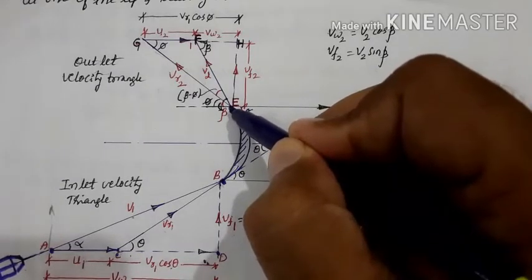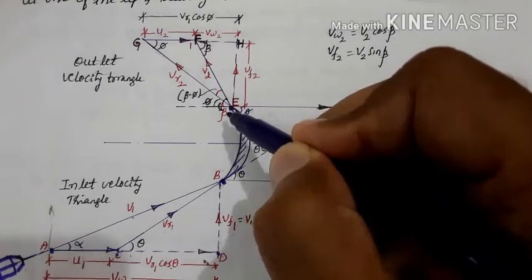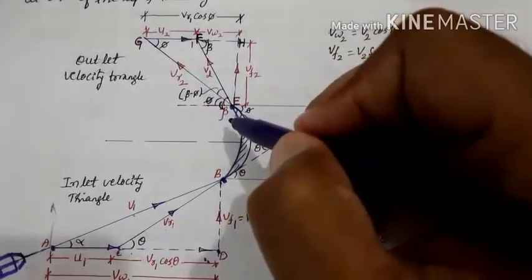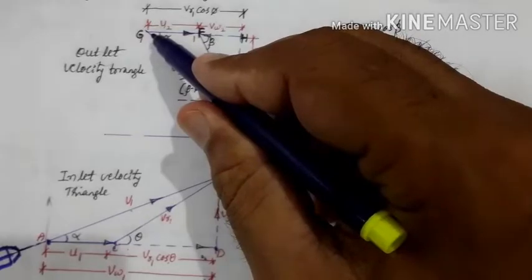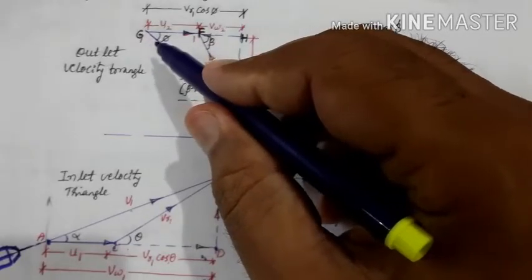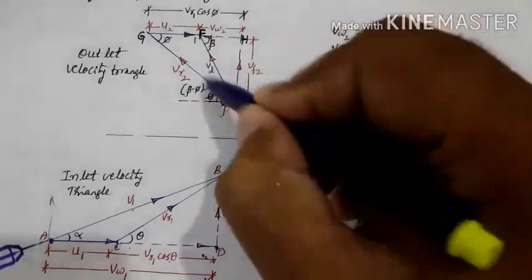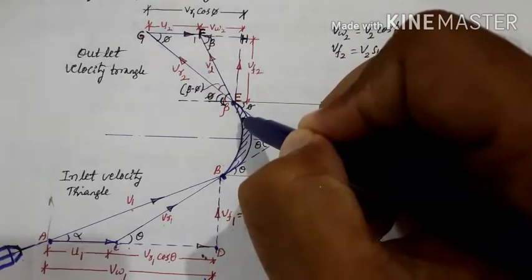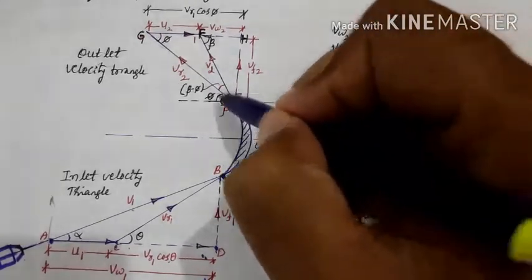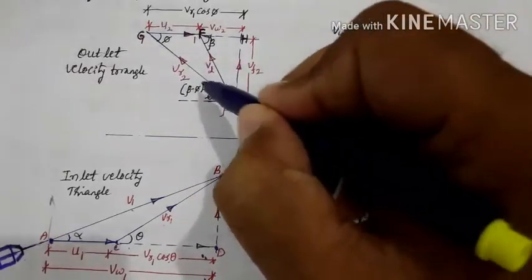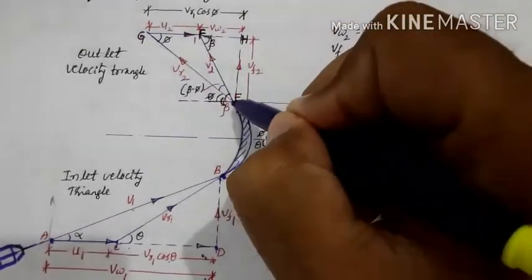So mark a point E here, then draw a line EG in the tangential direction of the vane at outlet, and cut this line by a magnitude of Vr2.